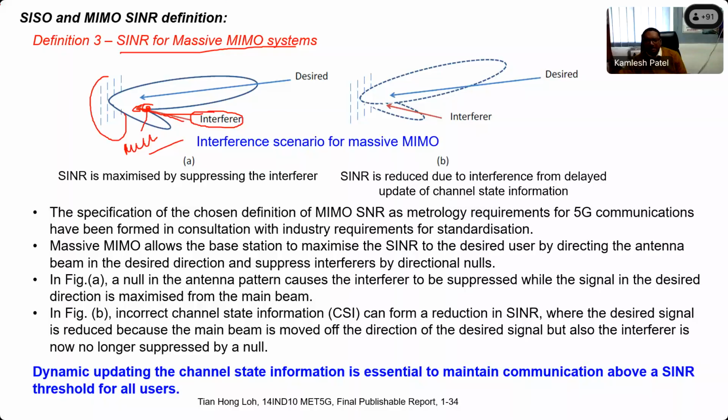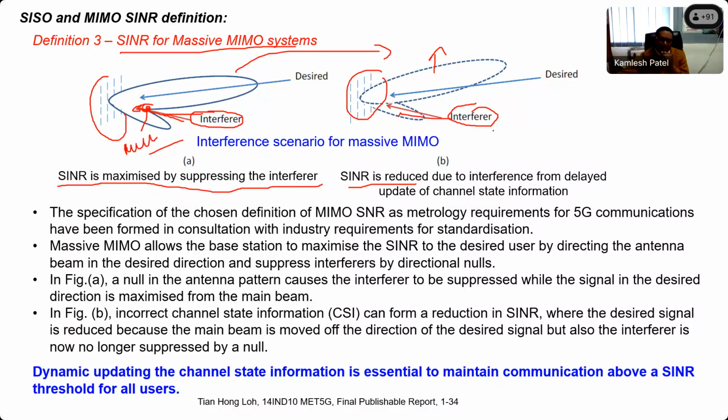But if the beam is changed a little from the previous direction, there is a possibility that the interferer may enter and be captured by the massive MIMO system. So here the SINR value can be maximized by suppressing the interferer, or in the opposite case, the SINR is reduced due to interference from the delayed update of the channel state information.